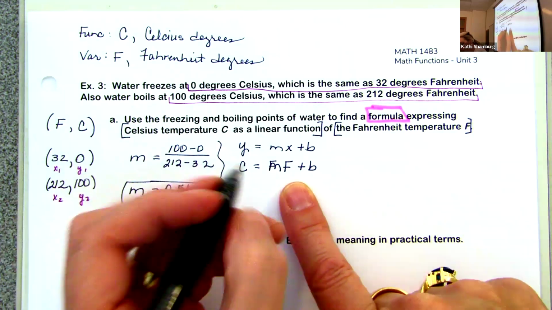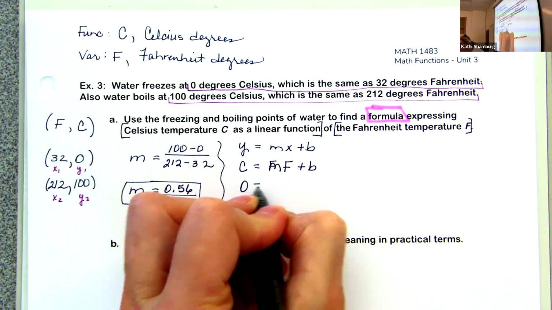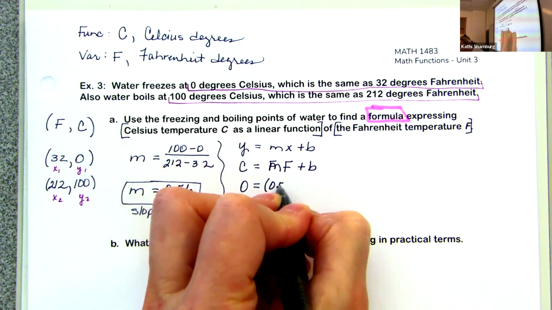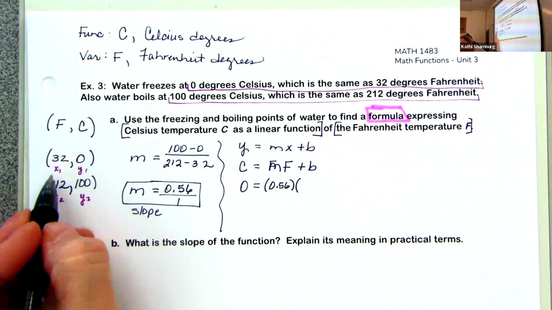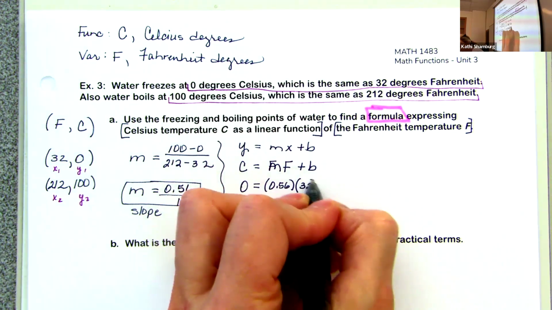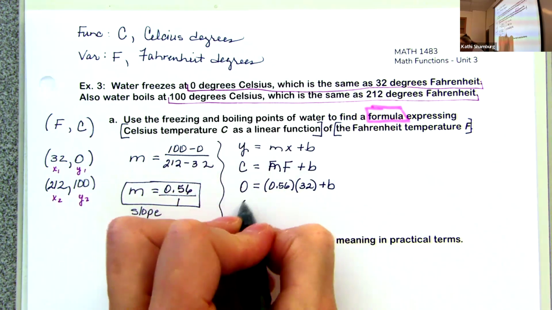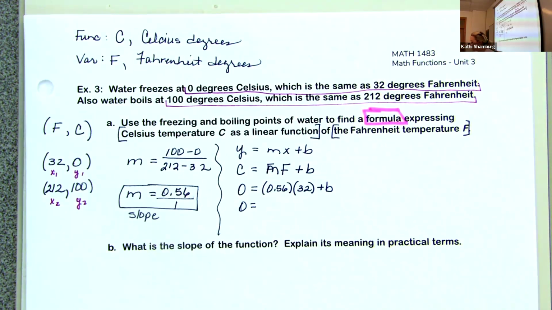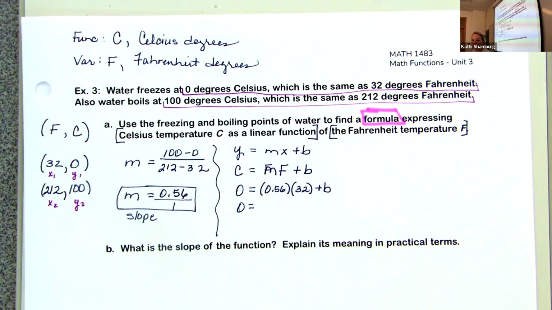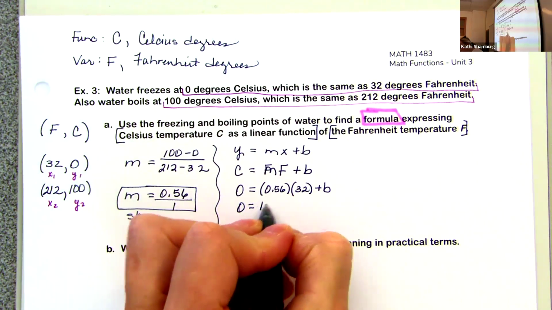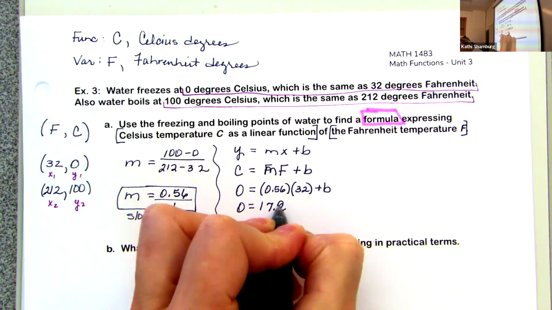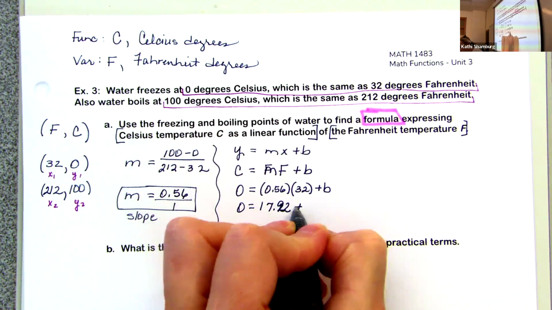Okay, so this would be 0 equals 0.56 times 32 plus b. What's 0.56 times 32? 17.92? Yep. 17.92 plus b.